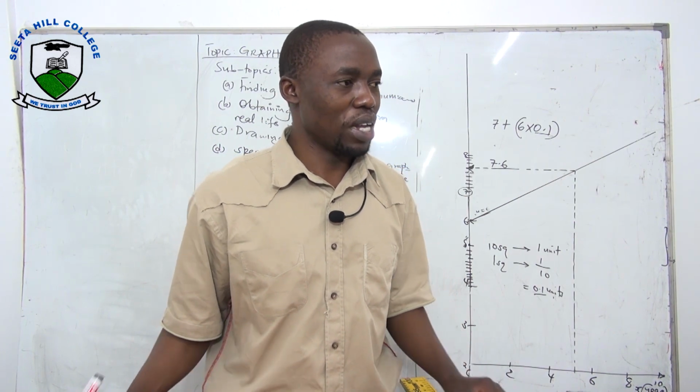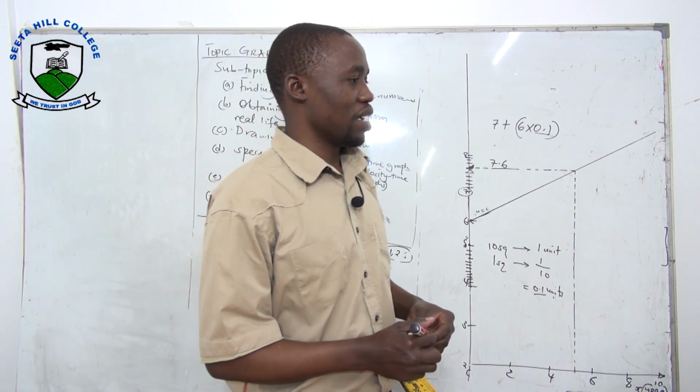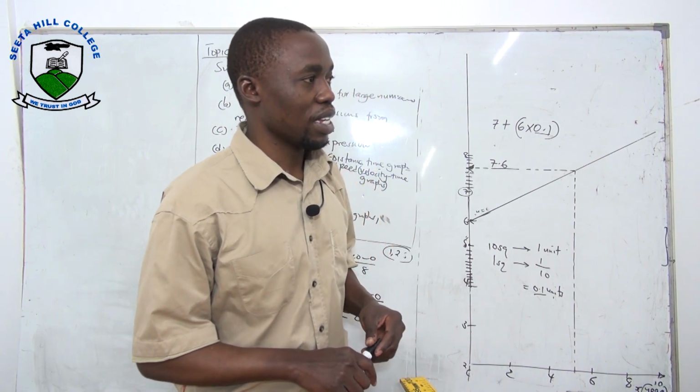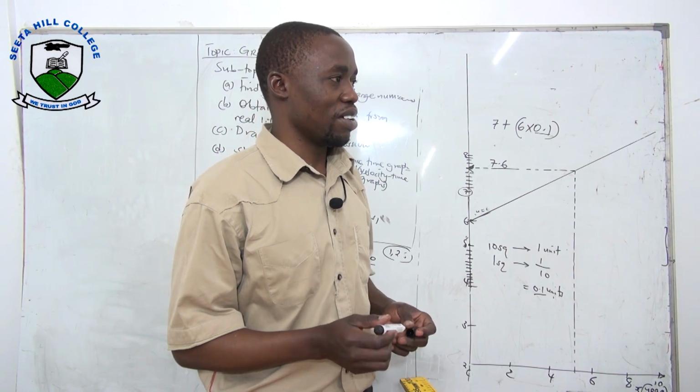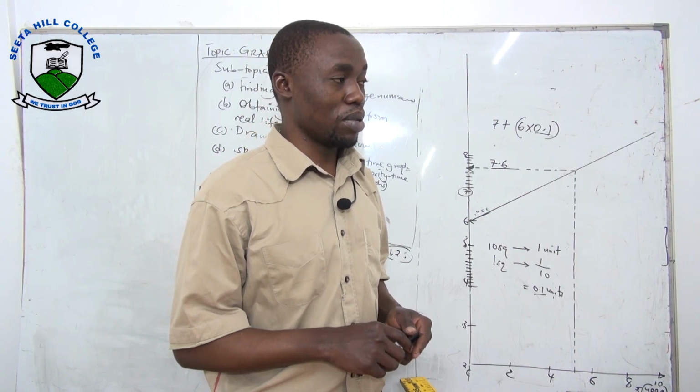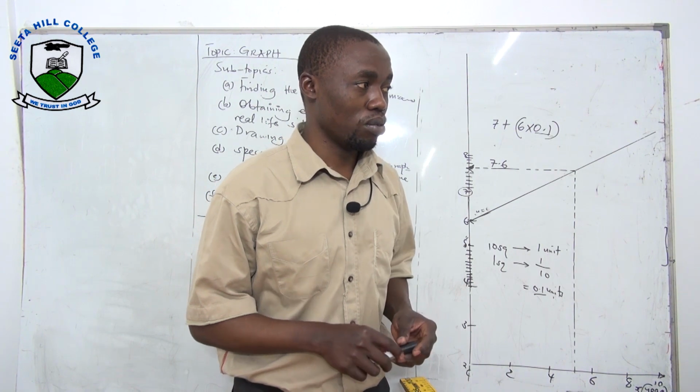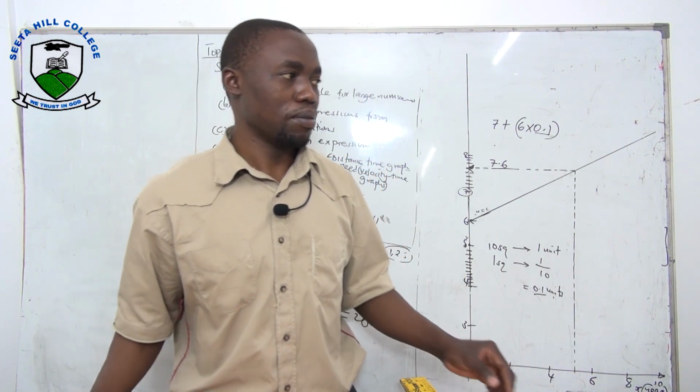And who has located it to the pass? Yes, Grace. Because I used 2 centimeters for the meter. Fine, it would give the same answer. Not so? It must give the same answer.